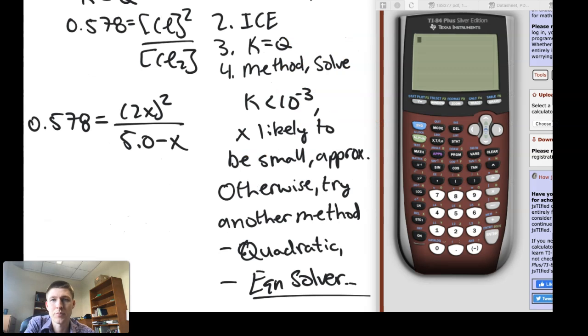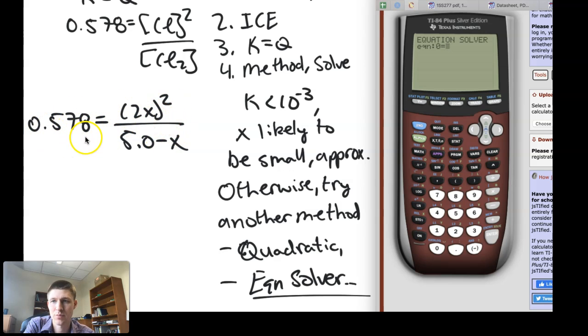Okay, so here's an example using Solver. I have my equation here, and then I just go into Solver, so Math. Oops, I've got to turn it on. Math, up, Solver. Now I go up to the equation, and I'm going to type my equation in. Remember, I have to rearrange this so it's all on one side.